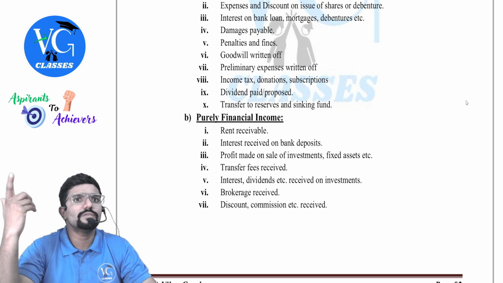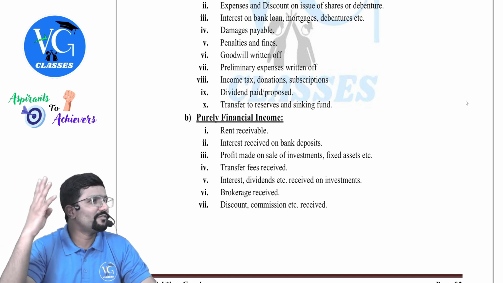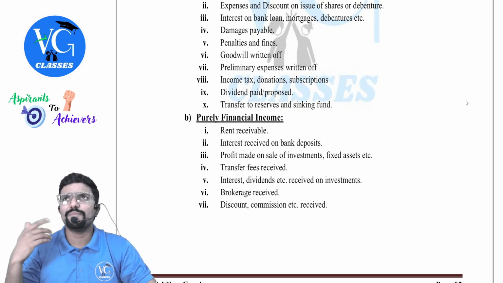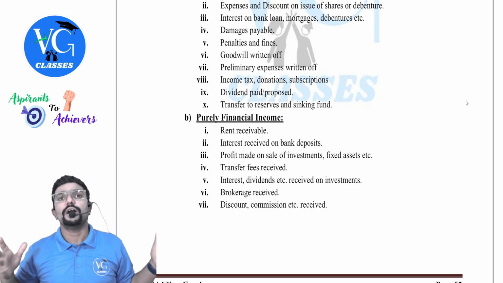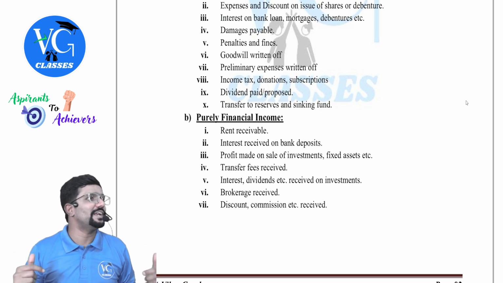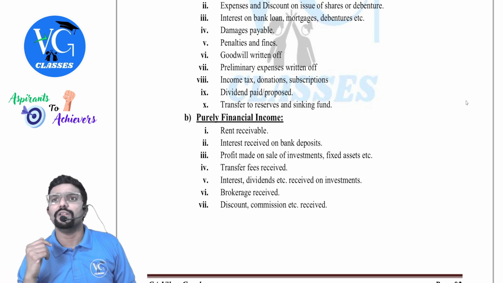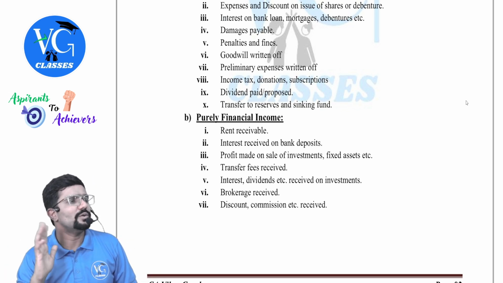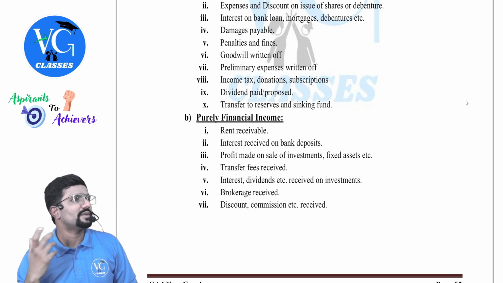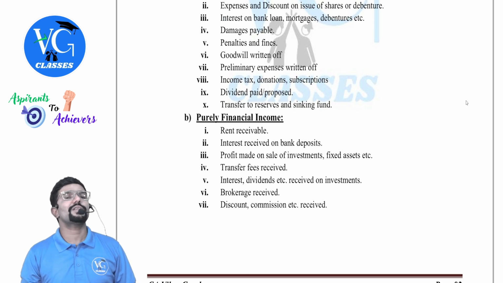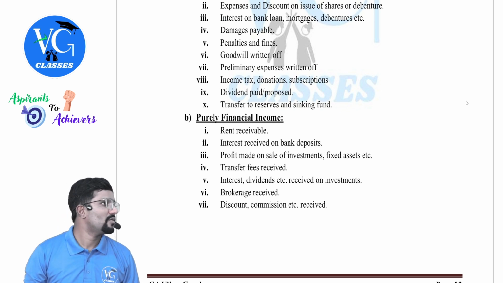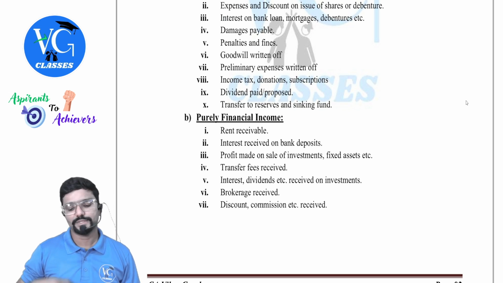Will we record it in costing books? No. Assume I had a bill of face value 1 lakh with a maturity period of 3 months. I couldn't wait, I wanted the money immediately, so I went and discounted the bill. Will I get the full 1 lakh? No. Assume I got only 90,000. The remaining 10,000 is discount charges. Is that a loss for me? Yes. We will record it only in financial books.